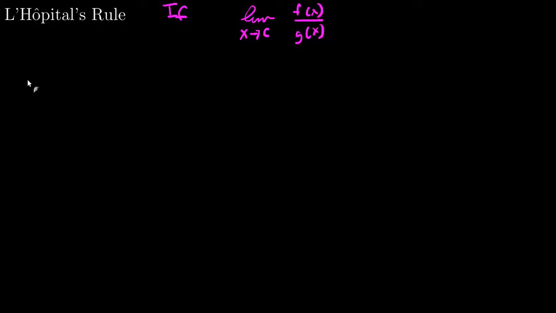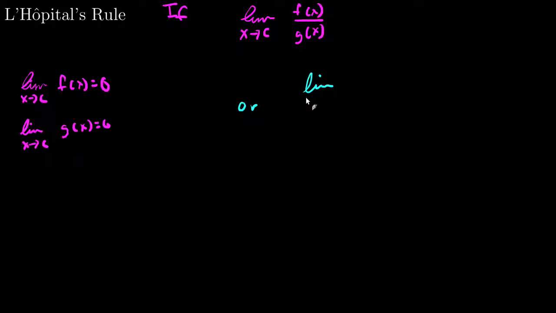Something happens here where either the limit as x approaches c of f of x equals 0, and the limit as x approaches c of g of x equals 0, or the limit as x approaches c of f of x is some infinity.